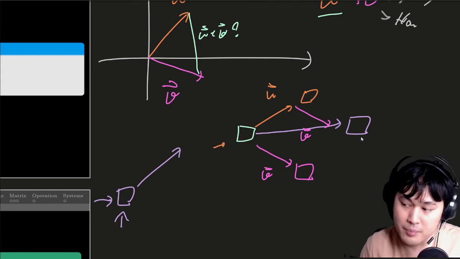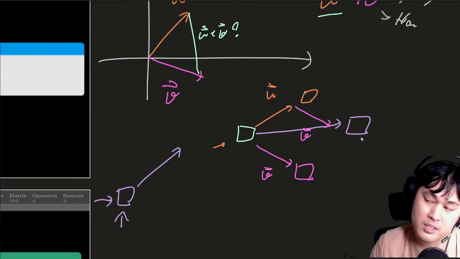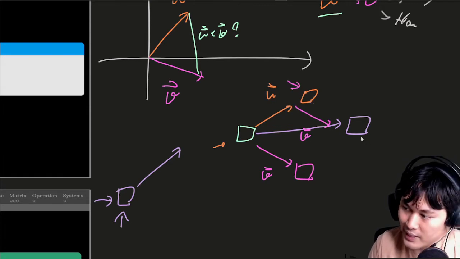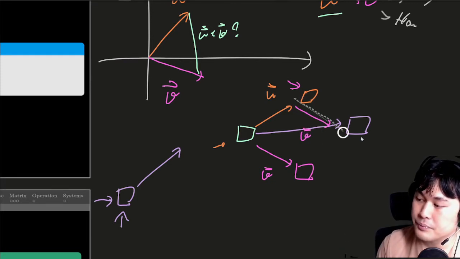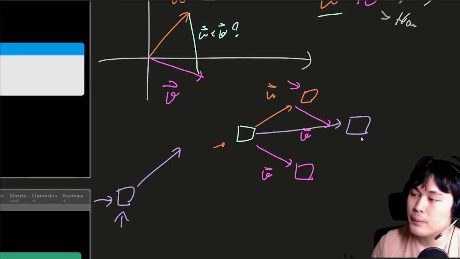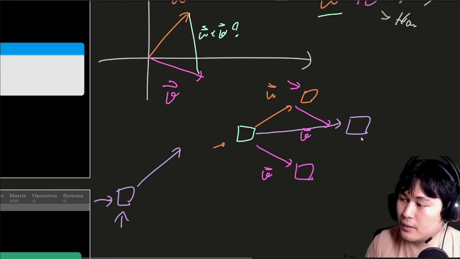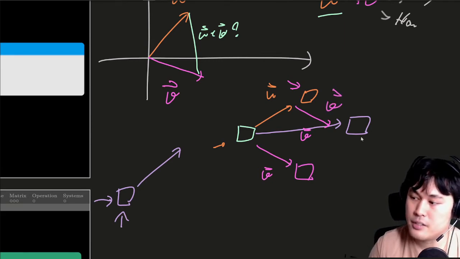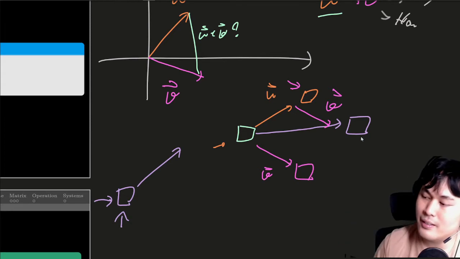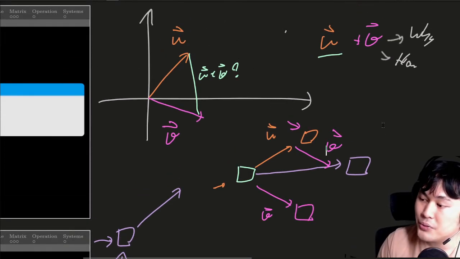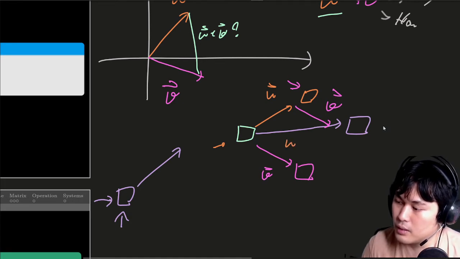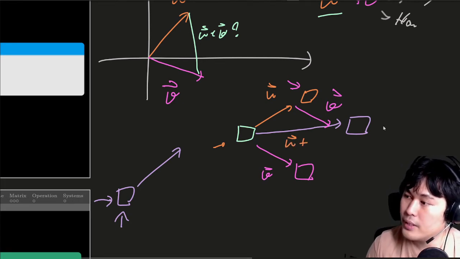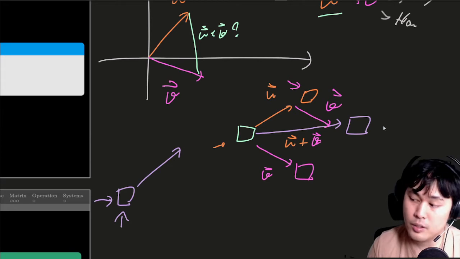So this green object will move to this orange position, and then you apply the other force, the other vector, so it moves there. And so that's how we define the addition. That makes sense in terms of what we needed to do for us. So this is the result of adding two vectors together.